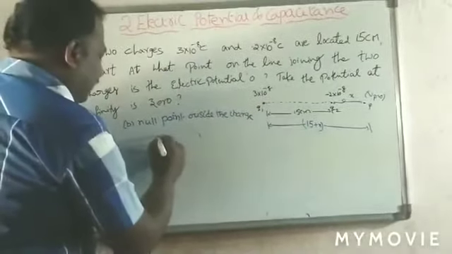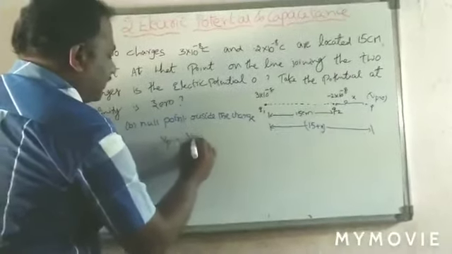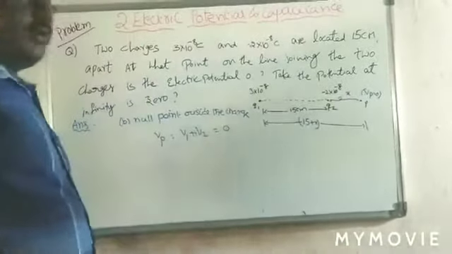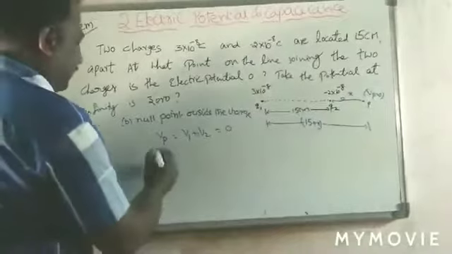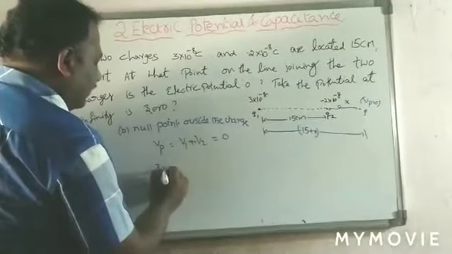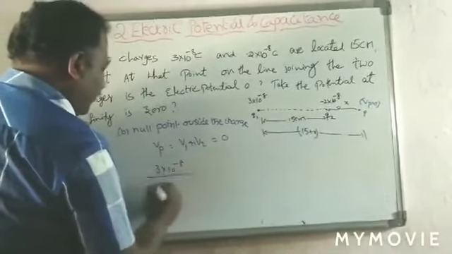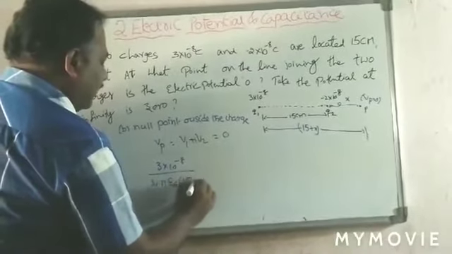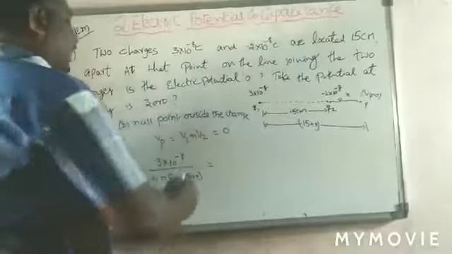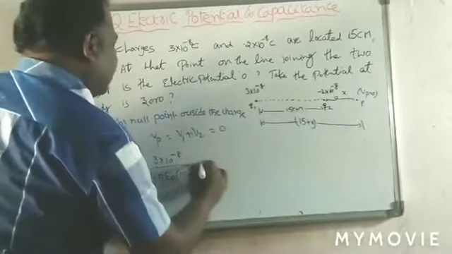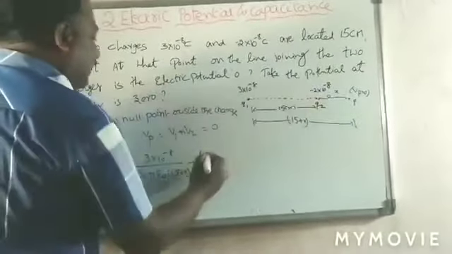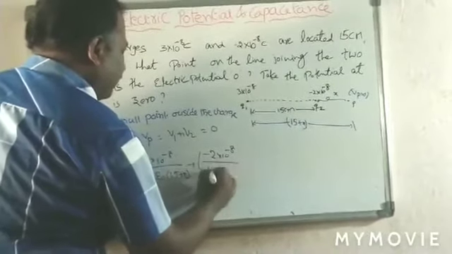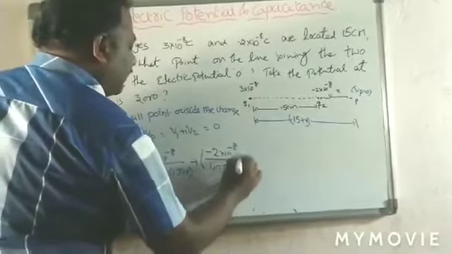Again we know the potential at point P is equal to the potential due to 1 plus due to 2, equal to 0. Potential due to the first charge V1 is 3 into 10 power minus 8 by 4 pi epsilon naught into 15 plus x, and V2 is due to the negative charge, that is minus 2 into 10 power minus 8 by 4 pi epsilon naught into x.